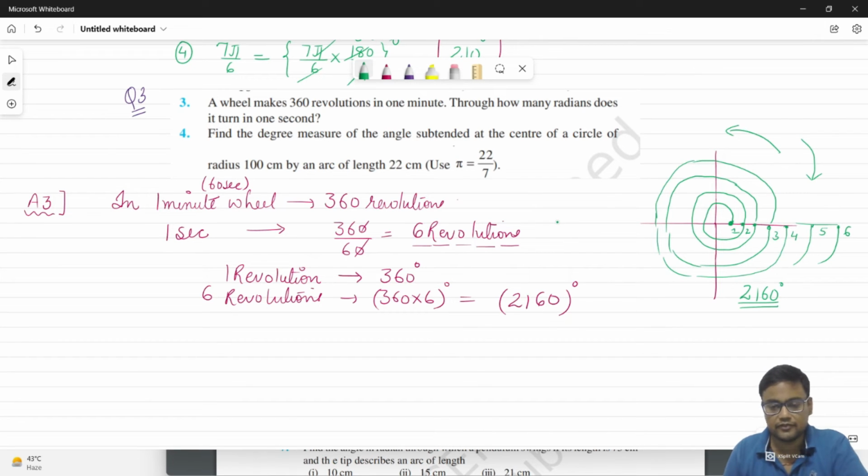The answer is very simple, in degrees. By using the unitary method, you were able to find the measure of the angle made in 6 revolutions, that is in 1 second. Because in 60 seconds the wheel rotates 360 times, so in 1 second it will rotate 6 times.